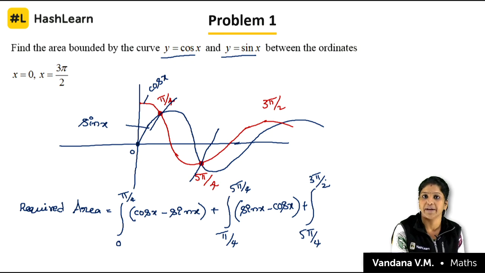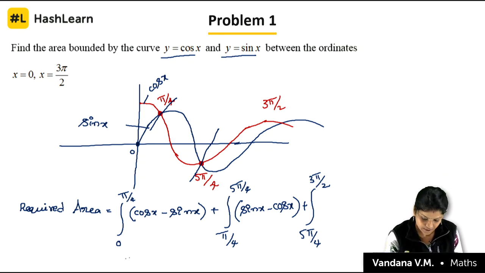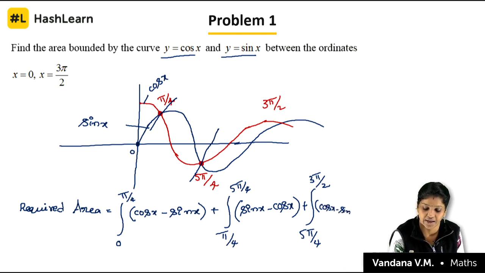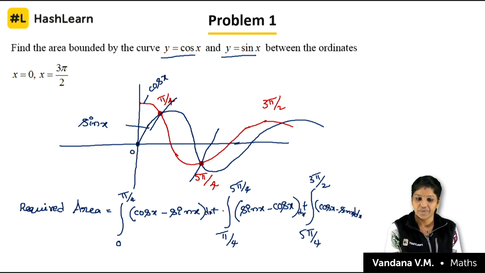In that particular interval, again the red line is up. So how to take this? Here it becomes cos x minus sin x into dx. So dx will be there everywhere. I hope this is clear. If you have any doubts, let me know.